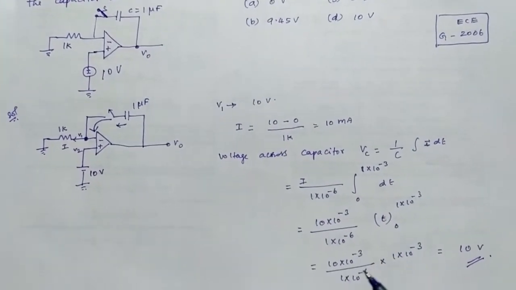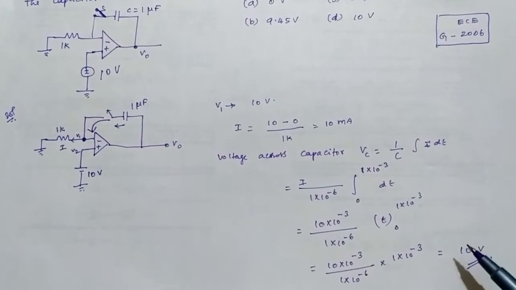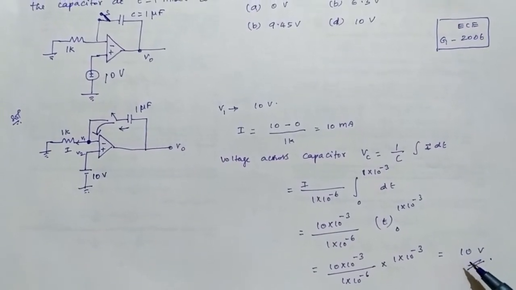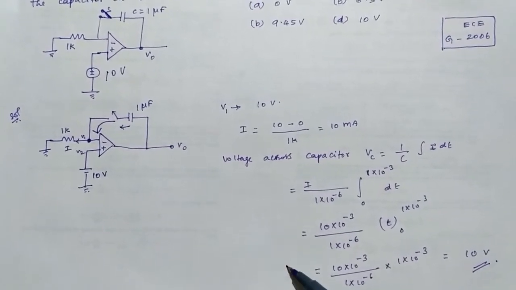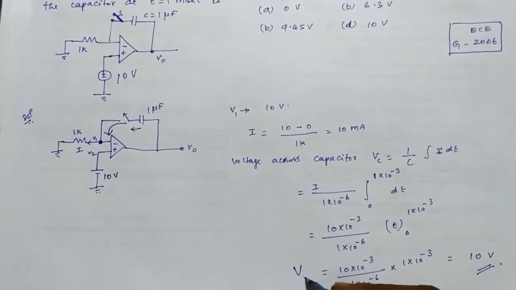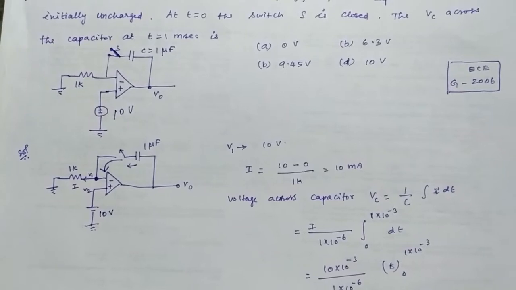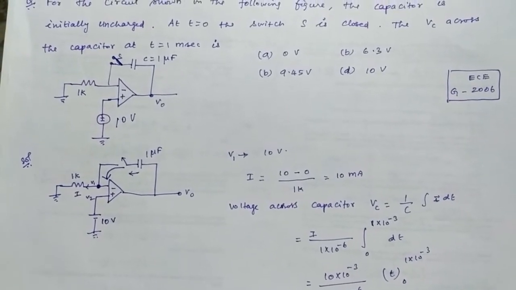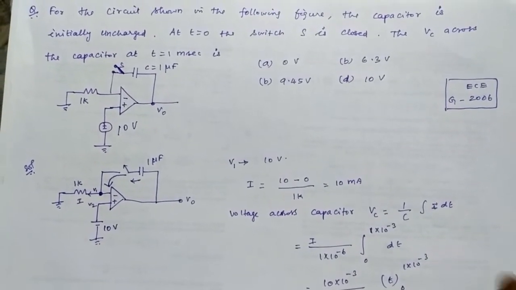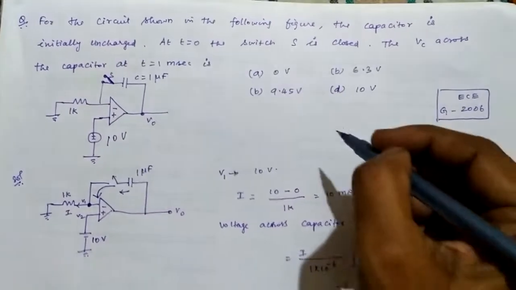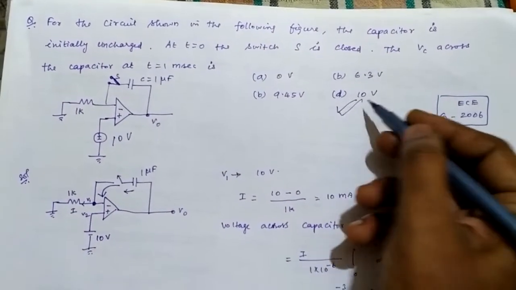When we substitute the upper and lower limits and simplify, we get the answer as 10 volt. So the voltage across the capacitor up to 1 millisecond is 10 volt. This is the answer.